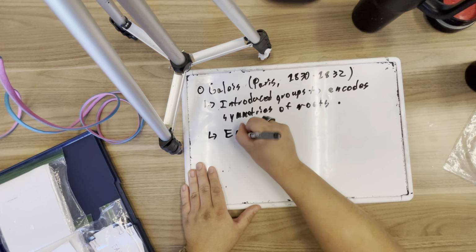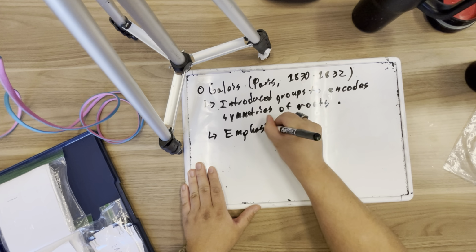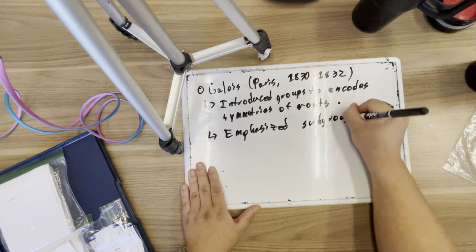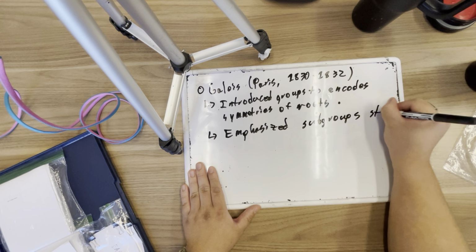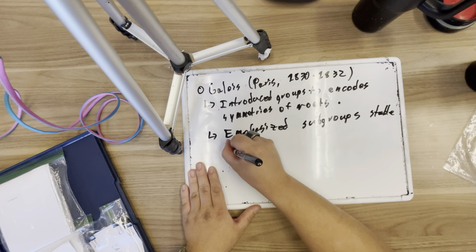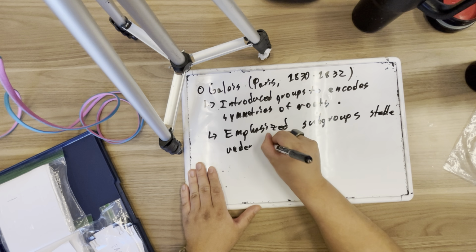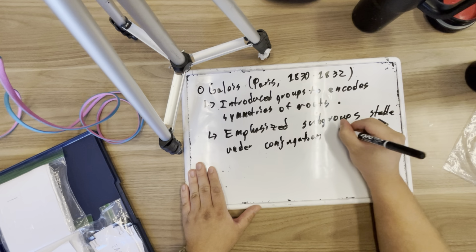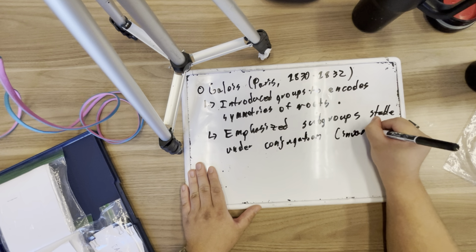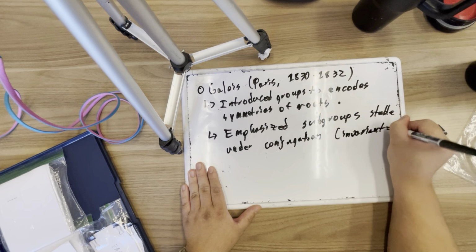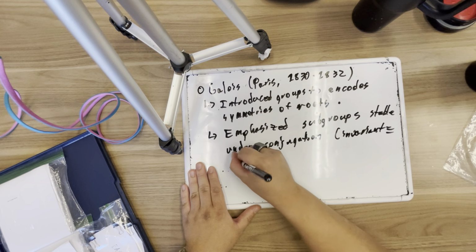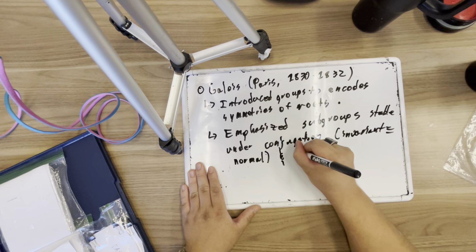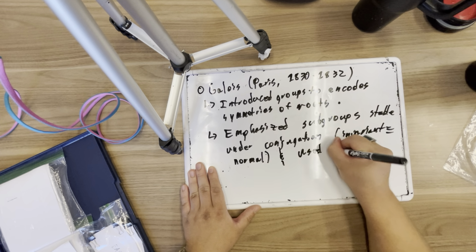Emphasized subgroups stable under conjugation, invariant, roughly equivalent to normal, and used quotient-like reasoning.